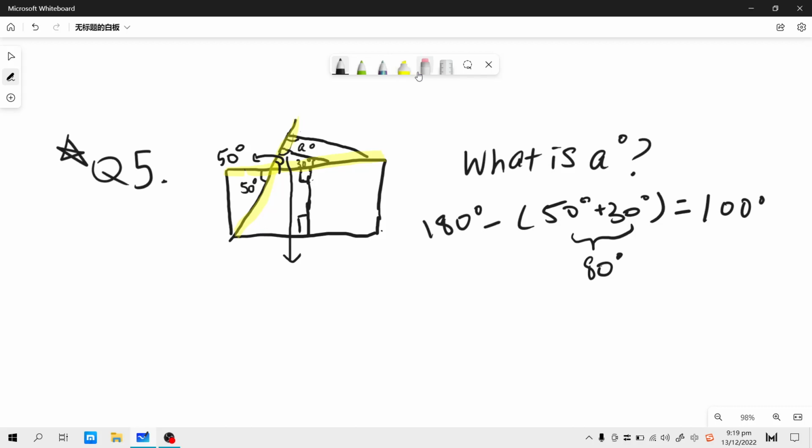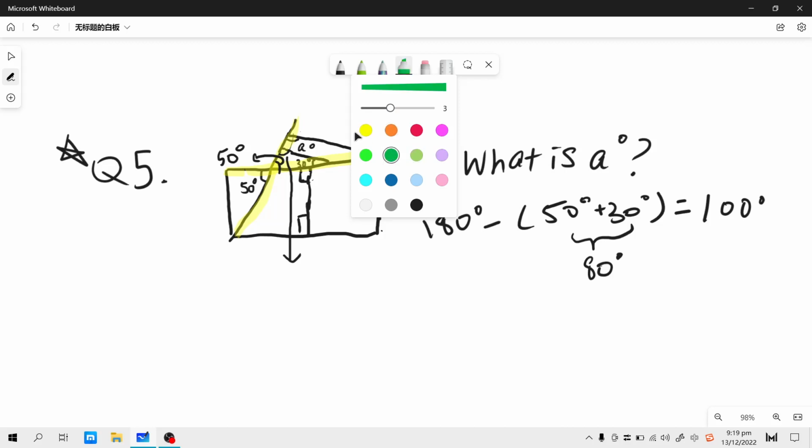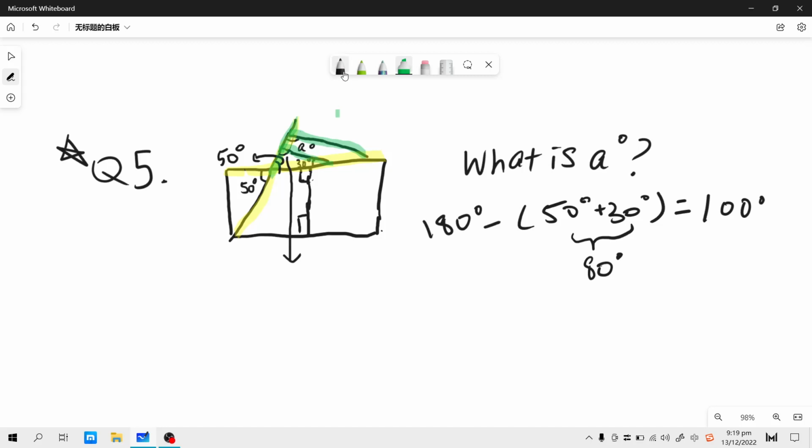You need eyesight that is very good in seeing this part, because there's another trick here. Do you see the F over here? These two lines are parallel. Sorry, I forgot to label them.